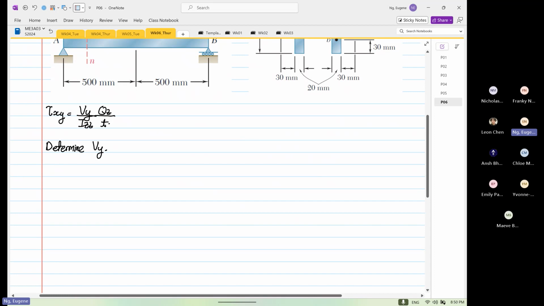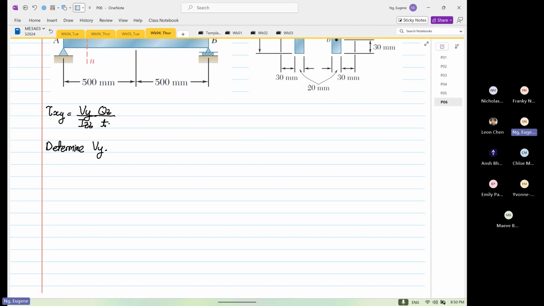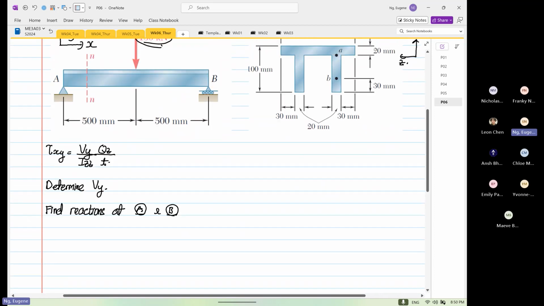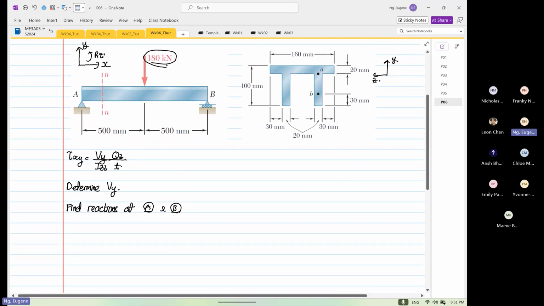Before that, we have to find our reactions at point A and point B. You can start by doing static analysis.